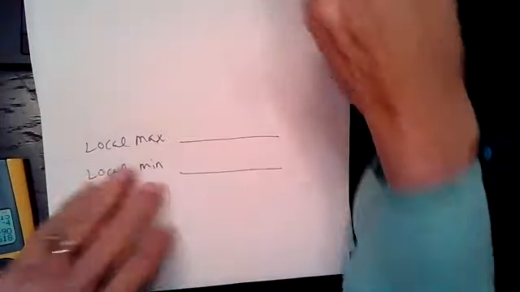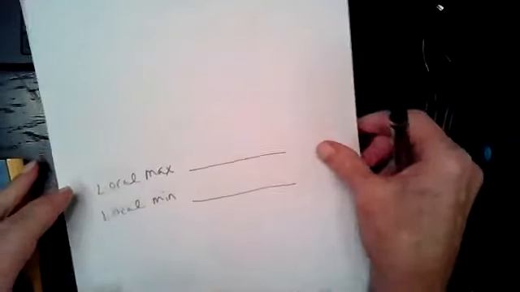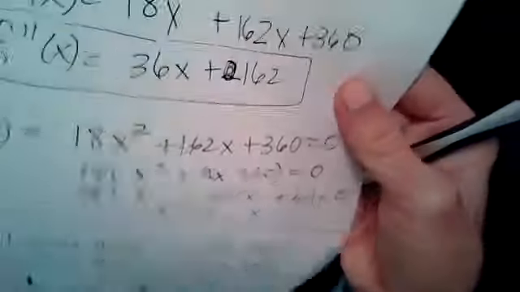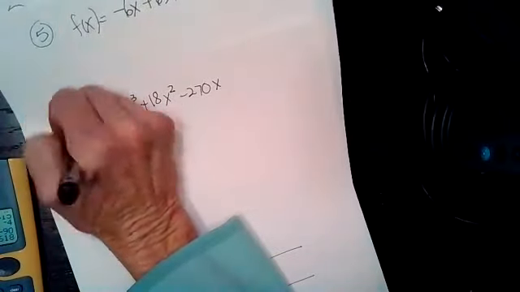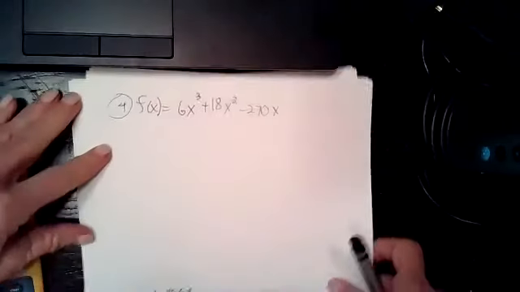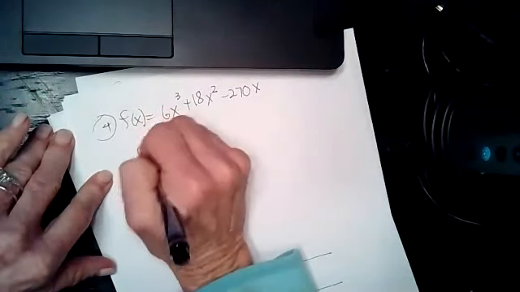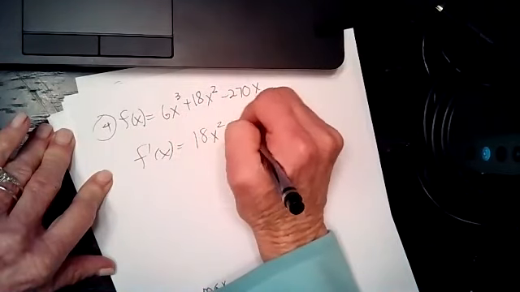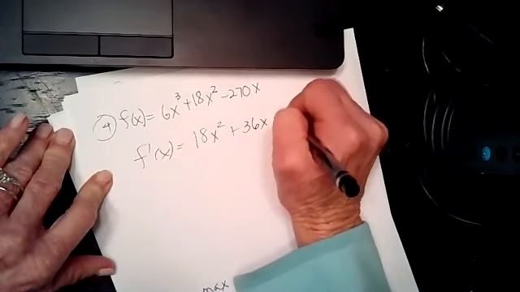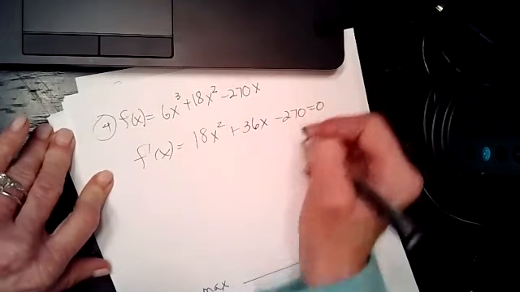Here's another one. Okay, they don't ask for the second derivative this time. And they just say local max and local min, so I don't have to do anything except find the derivative. 18x squared plus 36x minus 270 is equal to 0.